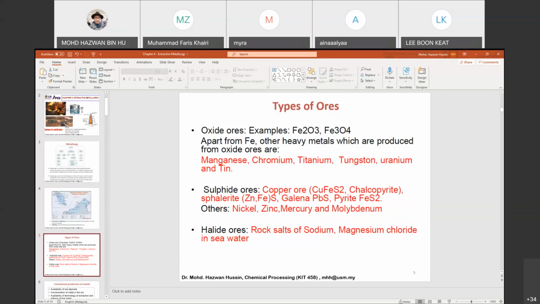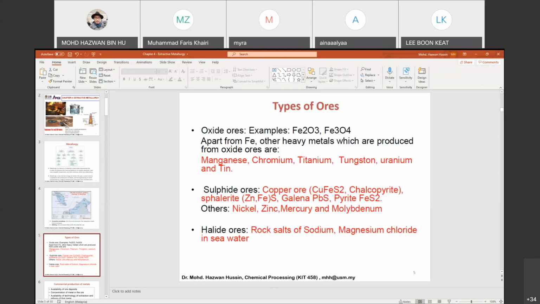And we also have other types of ores which are known as sulfide ores. Sulfide ore means ores that contain sulfide, or S. For example, copper ore normally exists as sulfide. You can have chalcopyrite, sphalerite, galena, PbS, pyrite, FeS2, and other types of sulfide ores from different heavy metals.